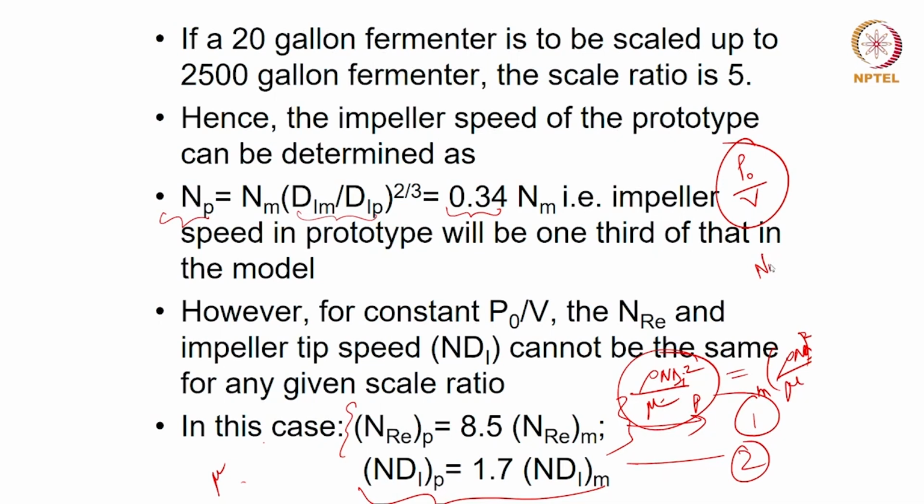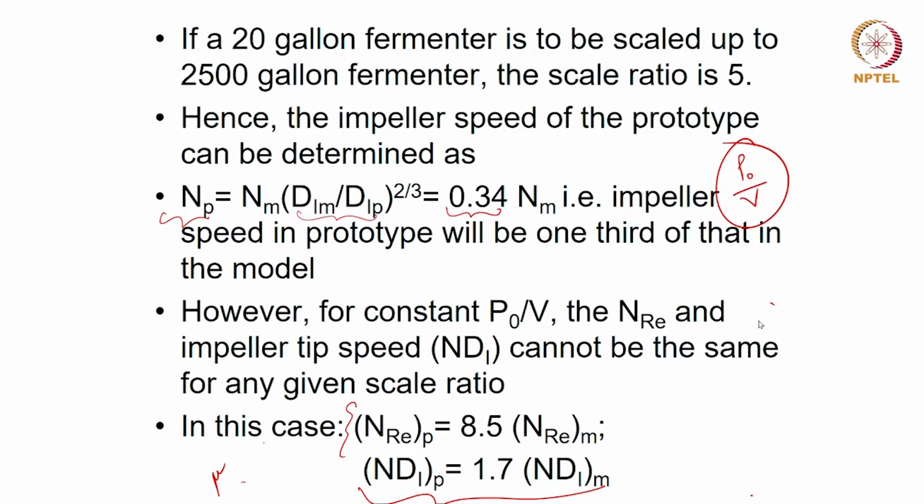Your Nm by Np is equal to 1 by 0.34 and your DIM by DIP is equal to 5. So if you place this 1 by 5 the whole square and further divided by 0.34.